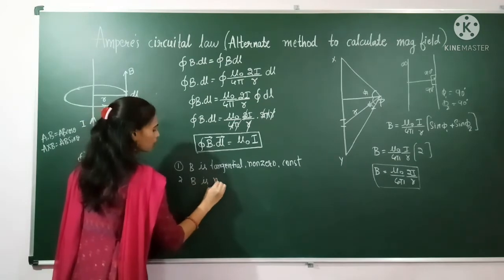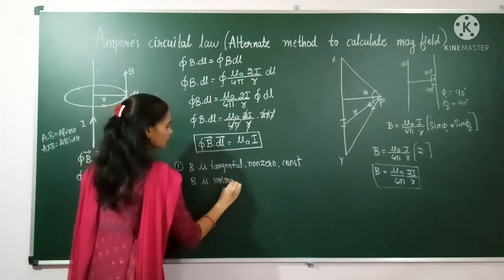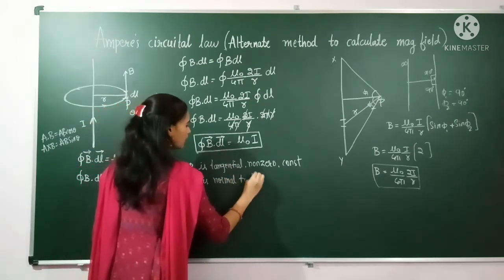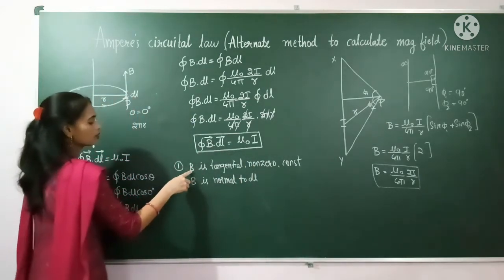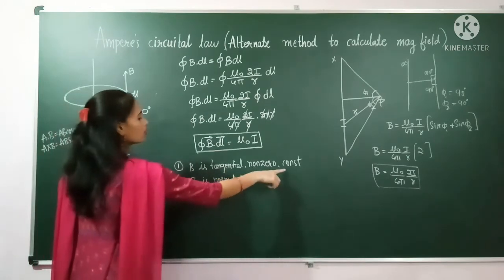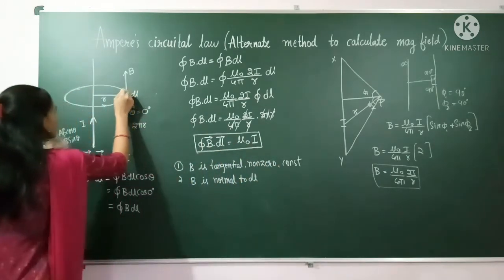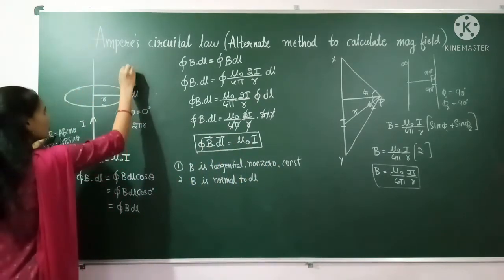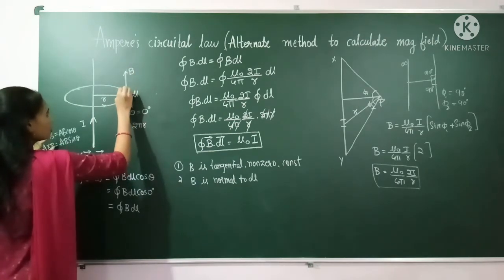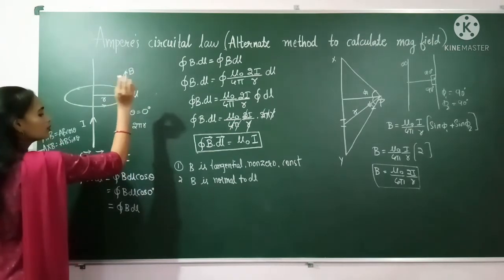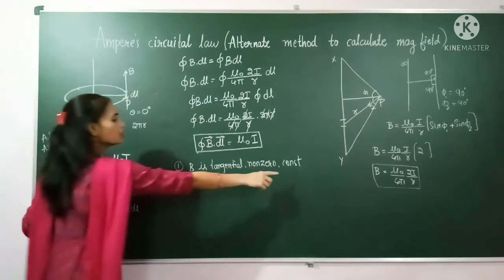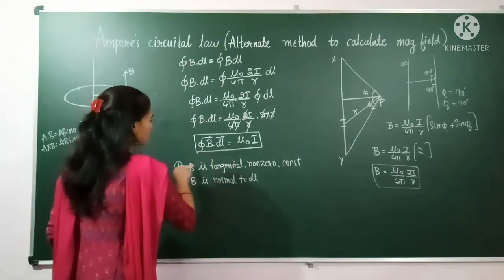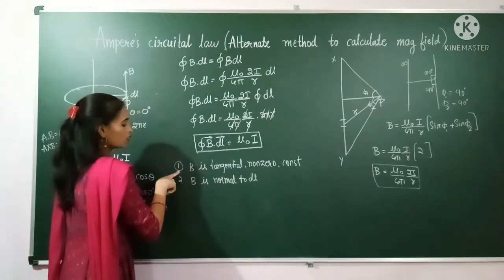This is a special case. It means that if this is our loop, then for this loop B should be tangential, meaning 90 degrees, and non-zero, meaning the B value should not be 0, and it should be constant. In that case Ampere's circuital law holds good.